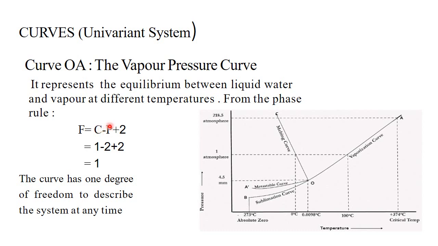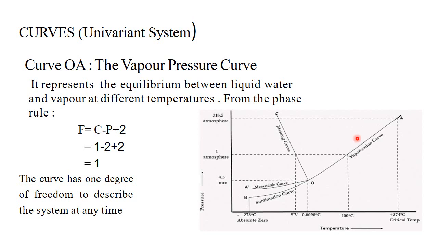Curve OA. This is called the vaporization curve, or we can say it's a vapor pressure curve. This curve separates the gaseous phase of water from the liquid phase of water. It represents the equilibrium between liquid water and vapor at different temperatures. From the phase rule, F is the number of degrees of freedom, C the components.